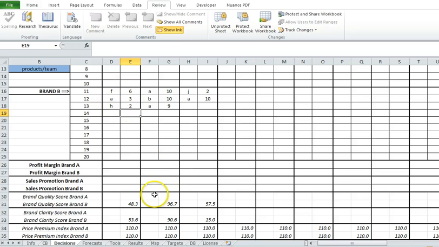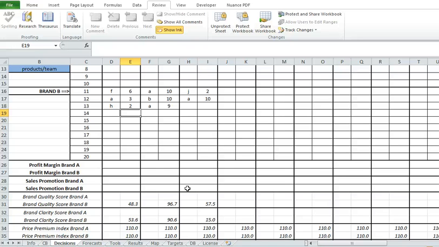So as you decide to introduce a product into the brand, it will impact quality and clarity, which obviously then impacts your ability to compete in particular cells, keeping in mind that these 4 attributes, as we discussed with consumer behavior, vary in their importance depending on where you are.